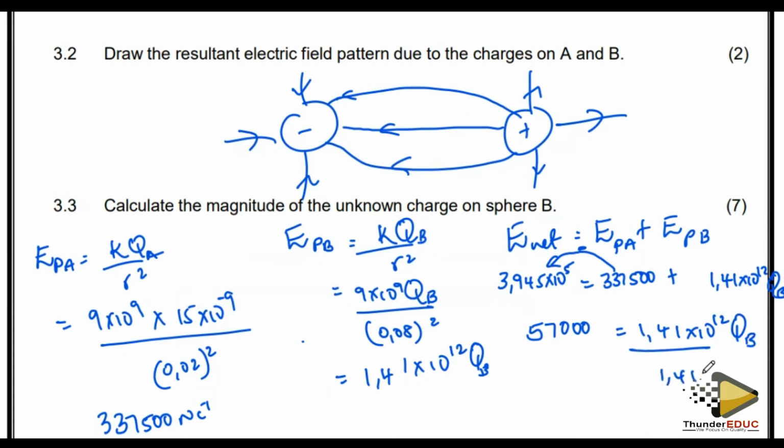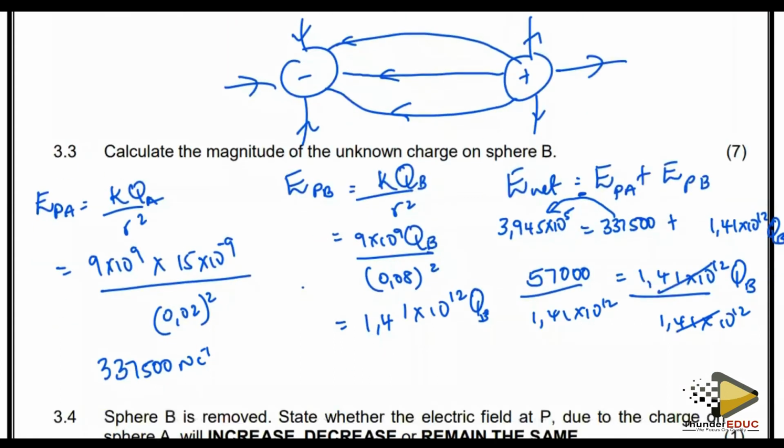Then divide both sides by 1.41 times 10 to the 12. That cancels that. Sorry for rounding off in advance, but it will make just a little difference.